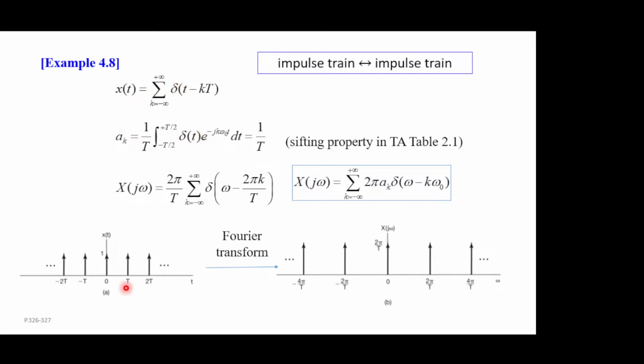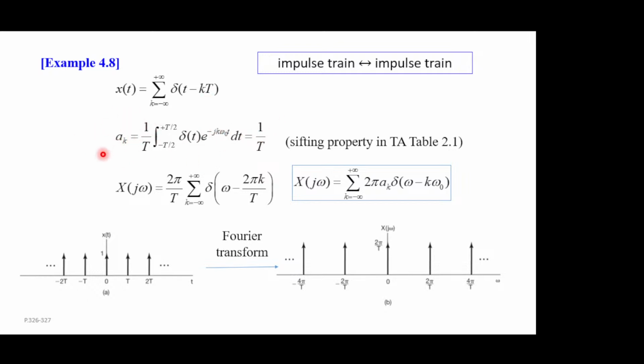We integrate the delta function times the complex exponential, over 1 over T. This delta function will just pick out small t equal to 0, and e to the 0 is equal to 1. So the integration is just 1, and it becomes 1 over T. So we found that a_k for this thing is a constant for every k.